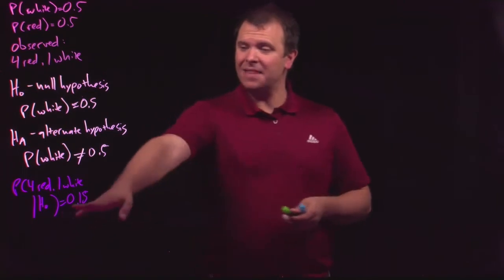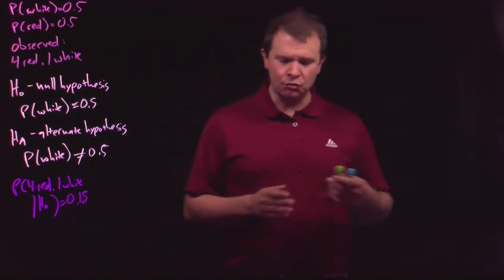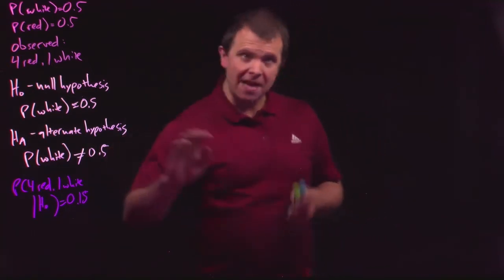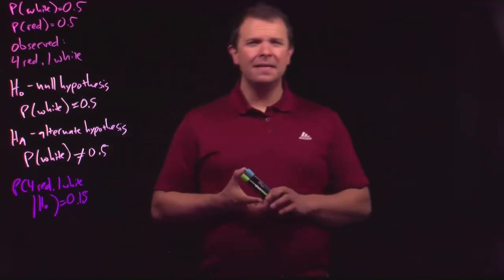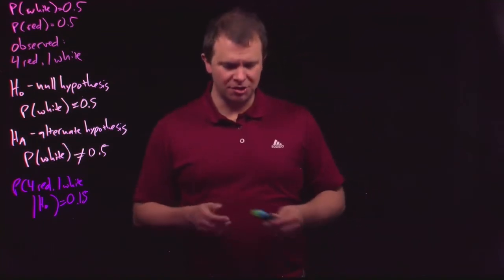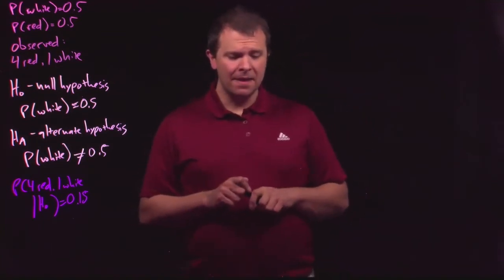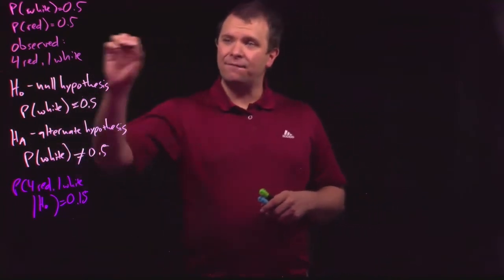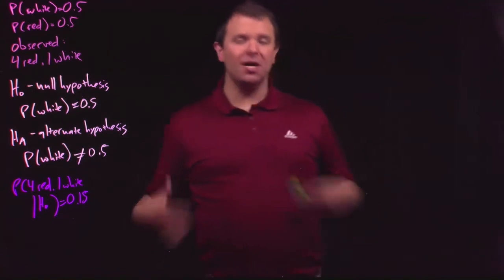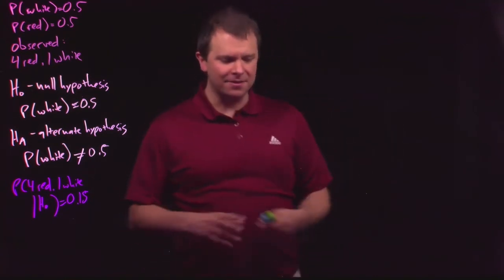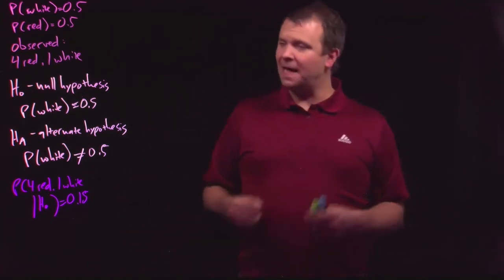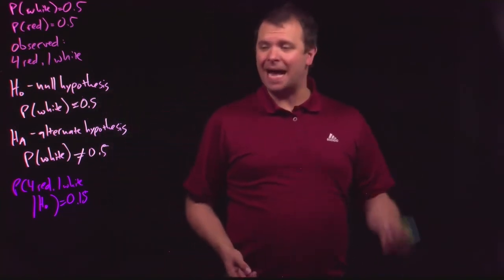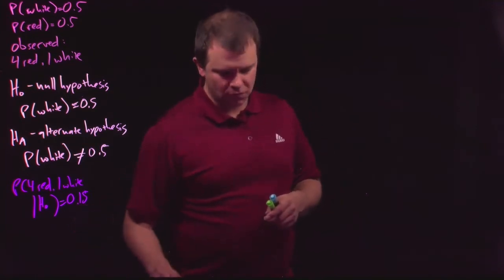But is this enough? Is this strong enough evidence that we should reject the null hypothesis in favor of the alternate hypothesis? Let's reframe that question just a little bit. Let's say that if we performed the same experiment, looking at 5 flies hundreds or thousands of times, and the null hypothesis was true, how often would we see an outcome that was at least this extreme?